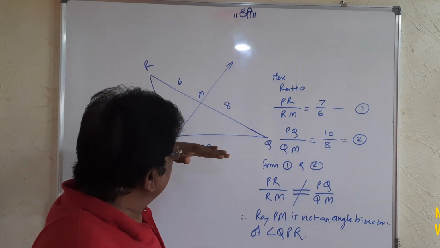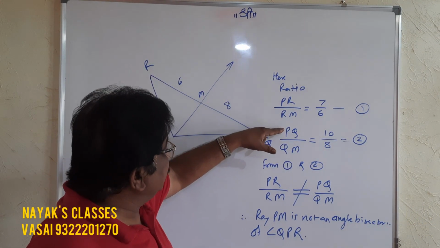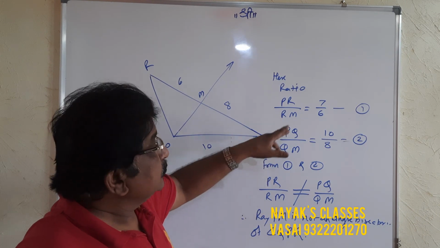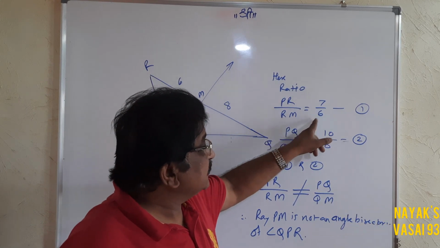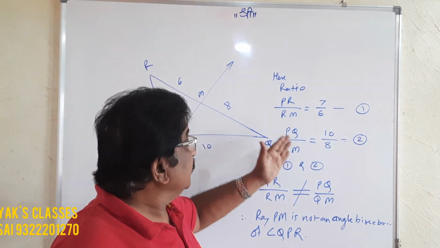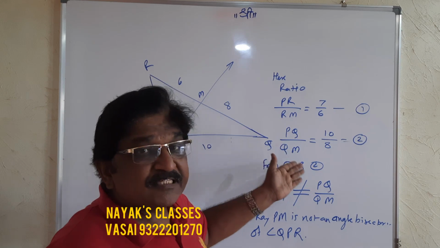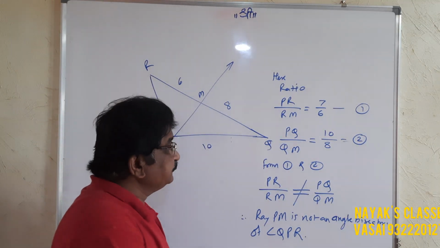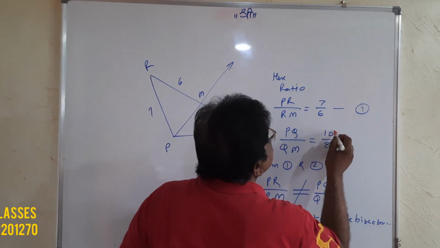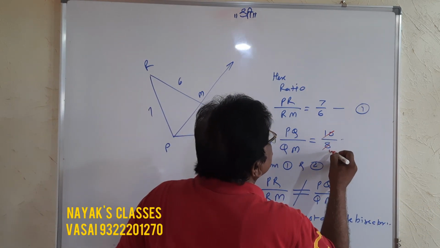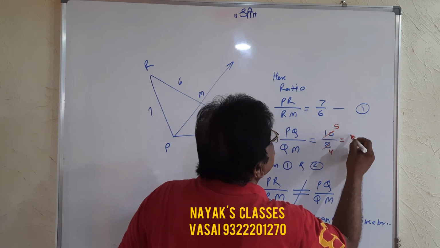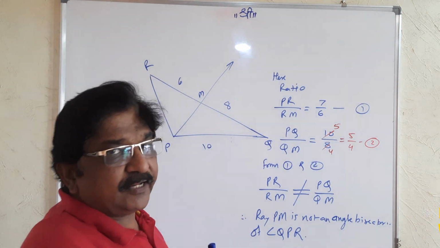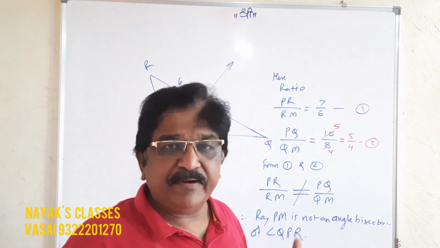Next is this side, that is PQ upon QM. See, 7 upon 6 is statement number 1. PQ upon QM is equal to 10 upon 8. When you cut it, the answer is 5 by 4.